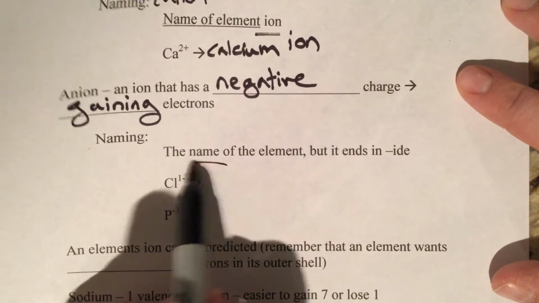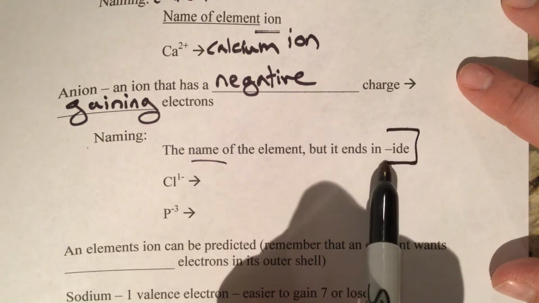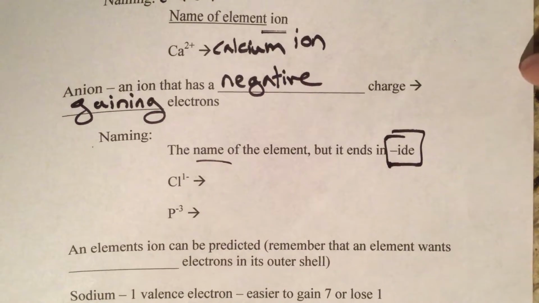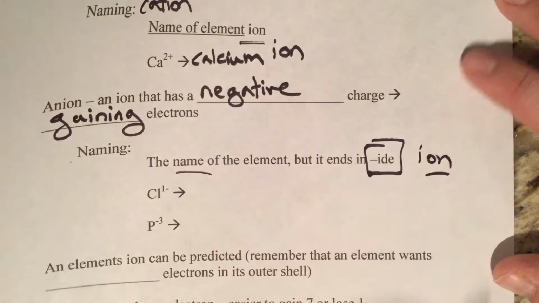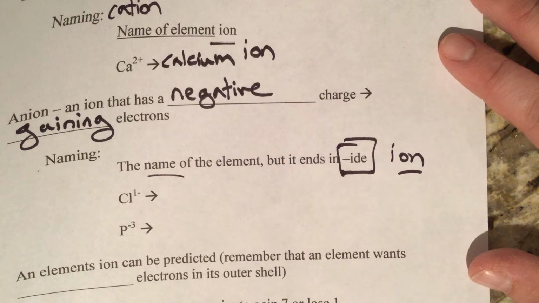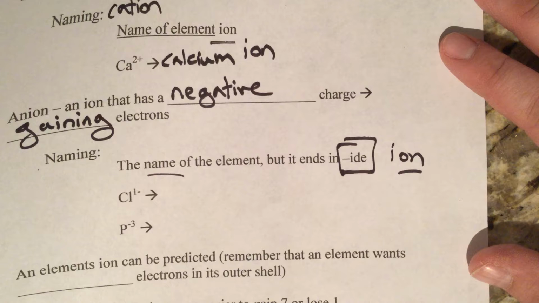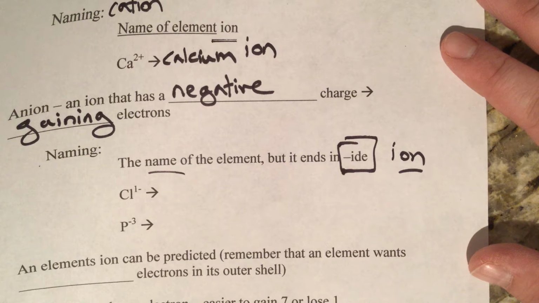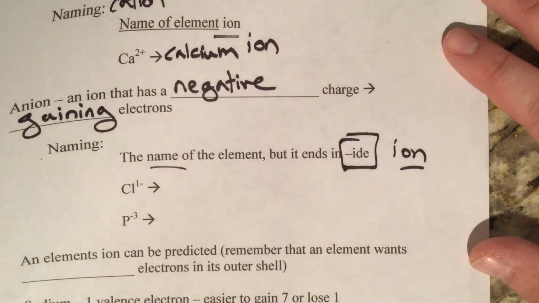Yes, we do the name of the element, but this time we tack on the special ending of -ide to it, and then we also add the term ion on the backside. Now, it's not nice and easy to say chop off the last 3 letters and add -ide. That works for probably 70% of them. So it ends up being what sounds the best, okay?